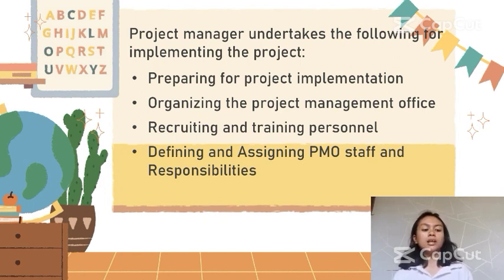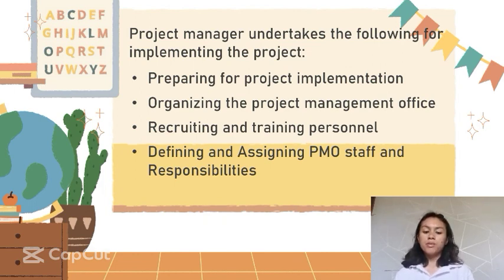PMO should be at the project site or the nearest place that has accommodation, utilities, transport, and communication. Recruiting and transporting personnel. It is the qualified staff who still needs orientation or training courses to improve their skills and should be assigned to the PMO full-time during the project implementation.